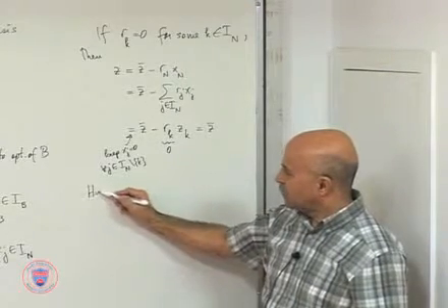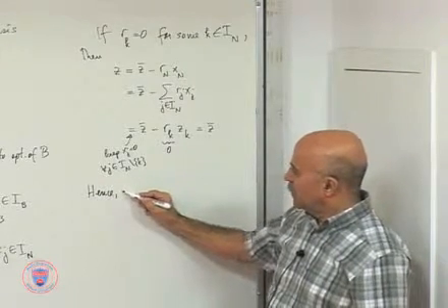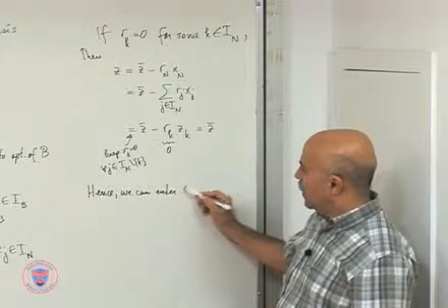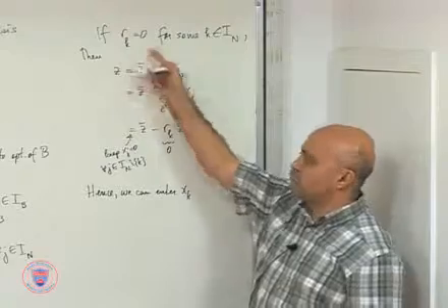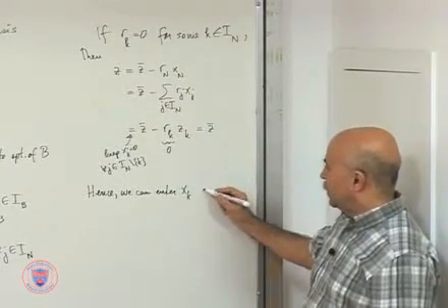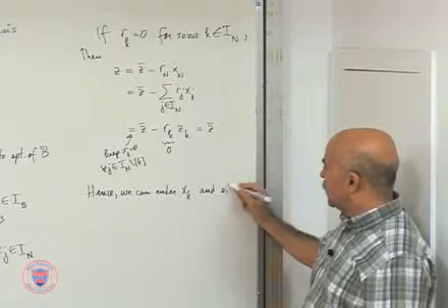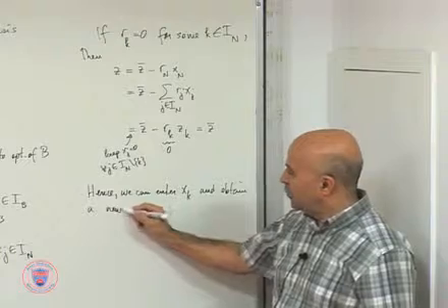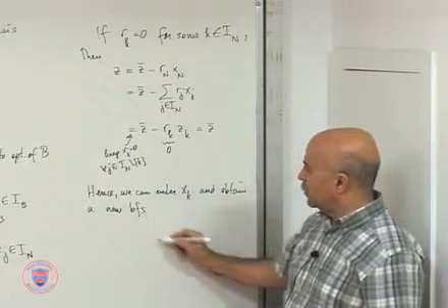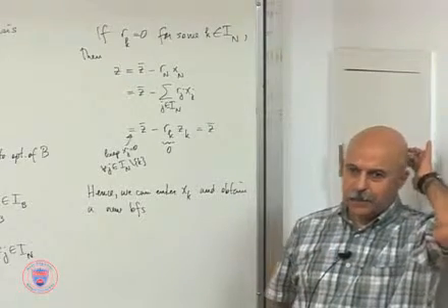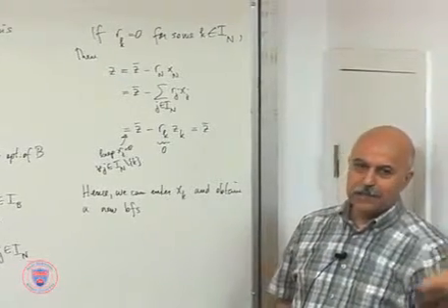Hence, we can enter xk whenever, of course, rk is equal to 0 in the optimal tableau and obtain a new basic feasible solution where xk becomes basic now, and somebody else becomes non-basic. Who is that somebody else?